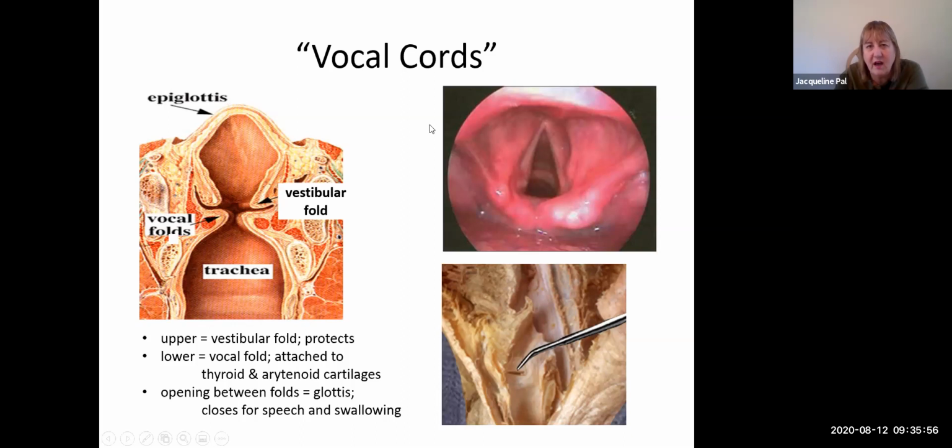Okay? And also this big curved structure up here, that's your epiglottis, which is anterior. So these vocal folds anteriorly are attached to your thyroid cartilage and posteriorly are attached to your arytenoid cartilage. And that's why we learned the arytenoid cartilage.